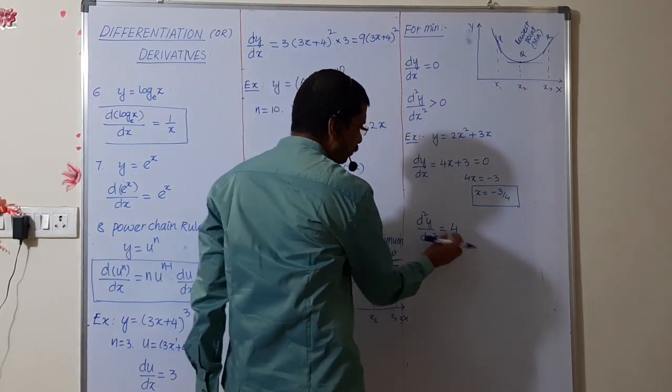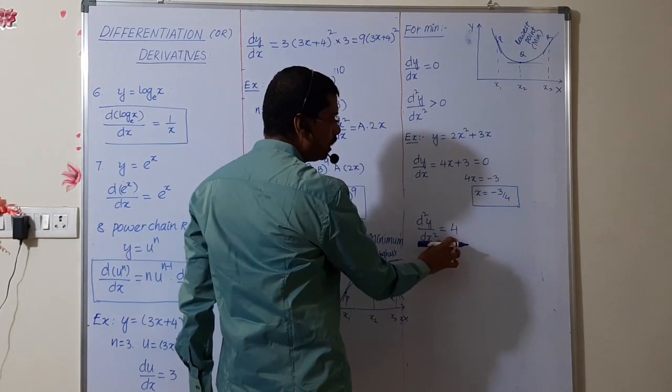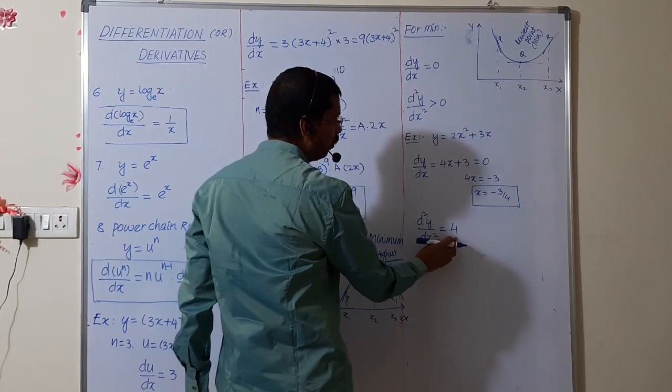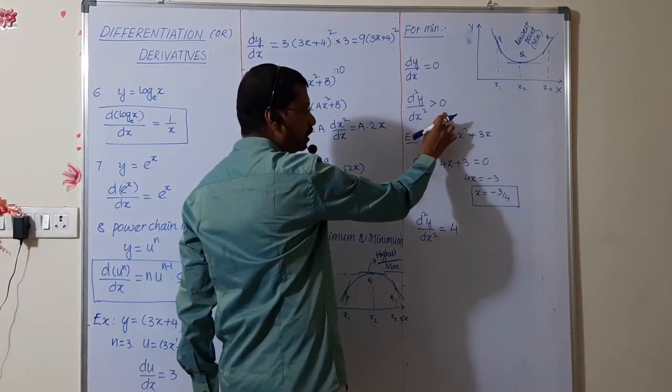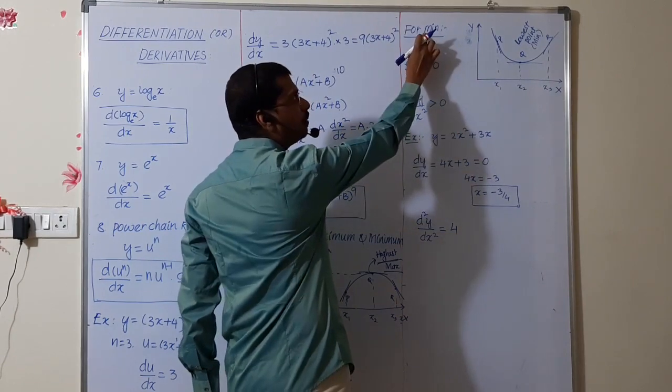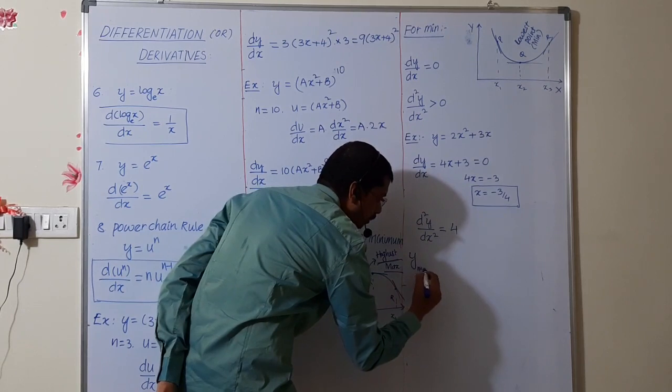Now the double differentiation d²y/dx² has the value 4. The double differentiation being 4 means it is greater than 0, and greater than 0 gives the minimum value. Now we can take y as a minimum.